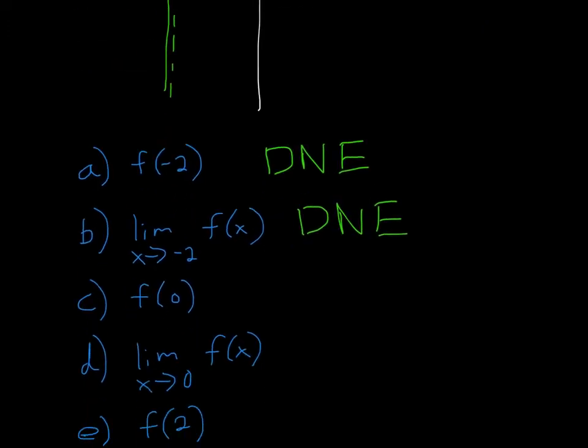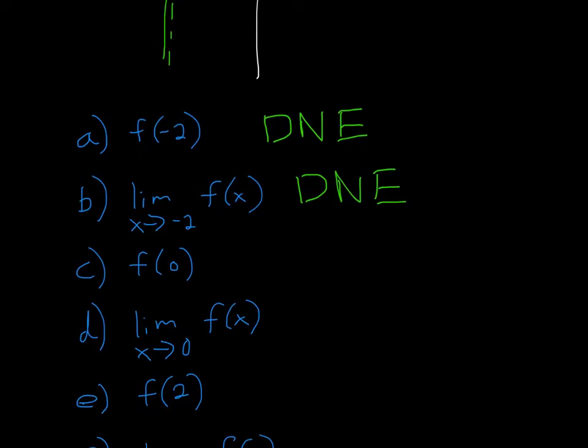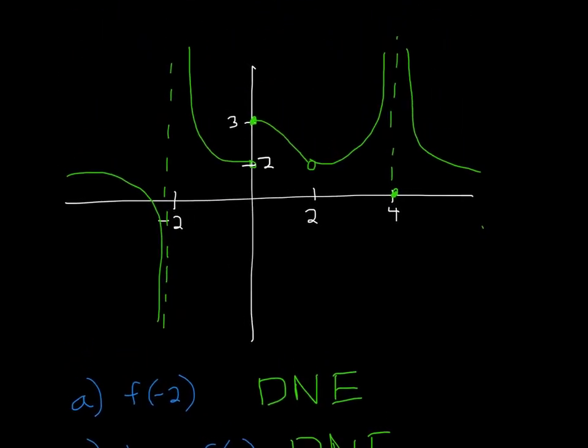Next, we have f evaluated at 0. These are limits, so you have to evaluate from the left and right. But when it's just this, it just means plug in that and see if it exists. So this is f of 0. So x is 0, what is the y? Here is an open circle.